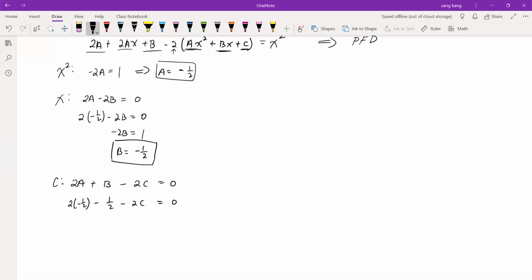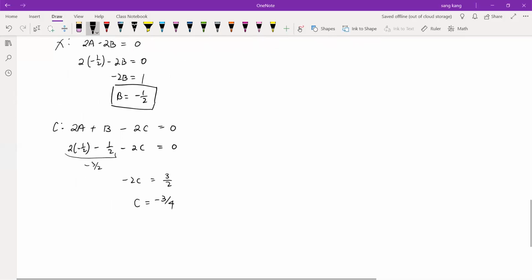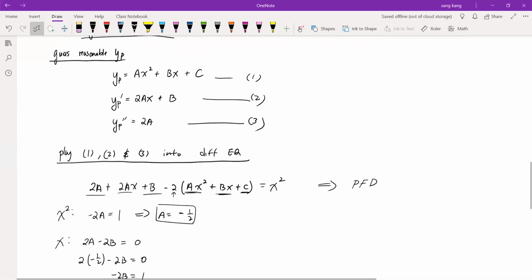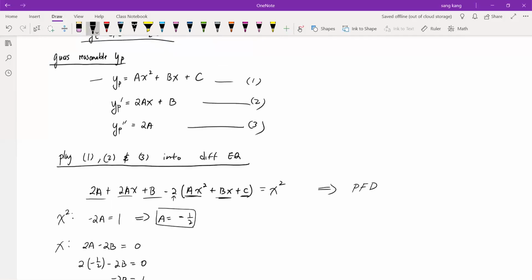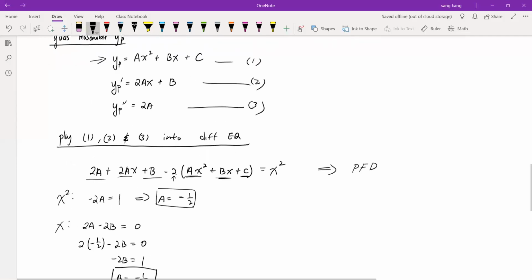This becomes -1 minus 1/2, which is -3/2. So on the right-hand side, this will be +3/2, so c will equal -3/4. Now we can plug a, b, and c into our trial particular solution.